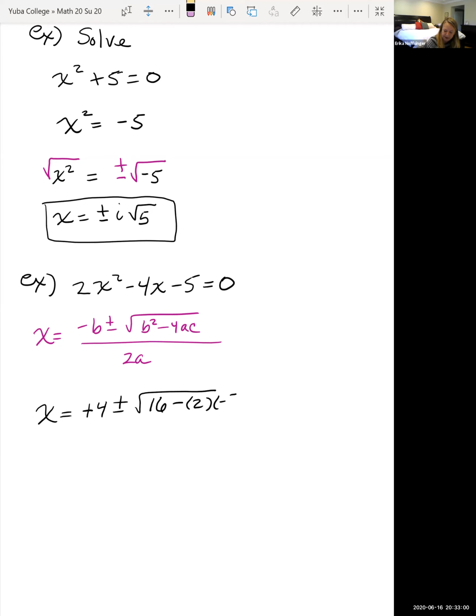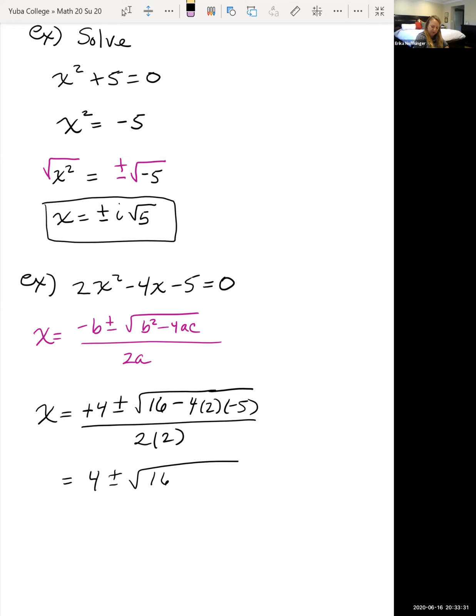You forgot the 4, didn't you? I did. Did I say it? Sometimes I say things and I write, I don't know. Okay, so 4 times a, which is 2, times c, which is negative 5. Thank you. So you get 4 plus or minus the square root of 16. That's not an imaginary number.